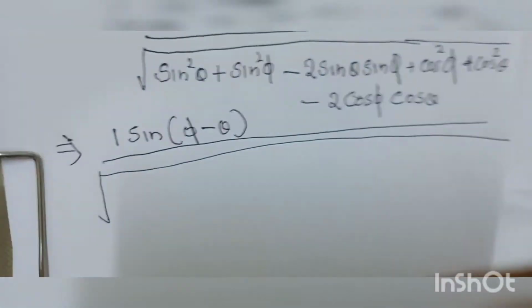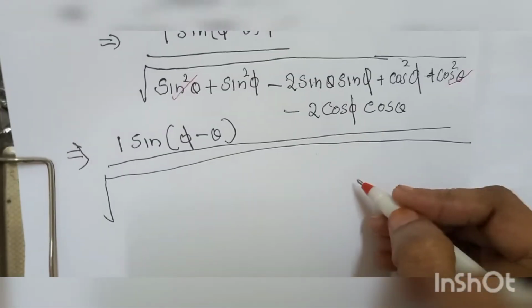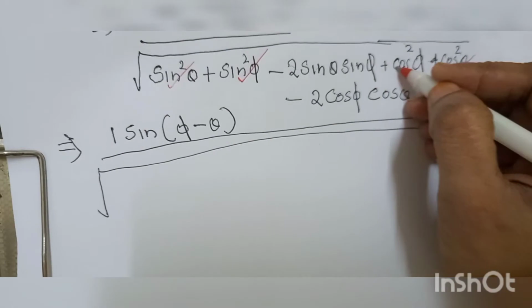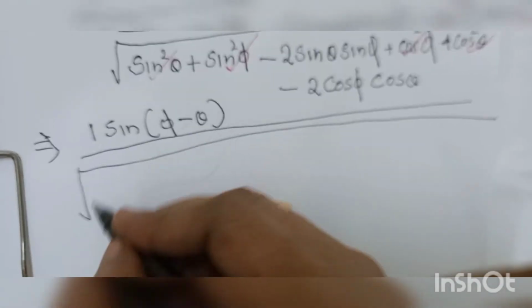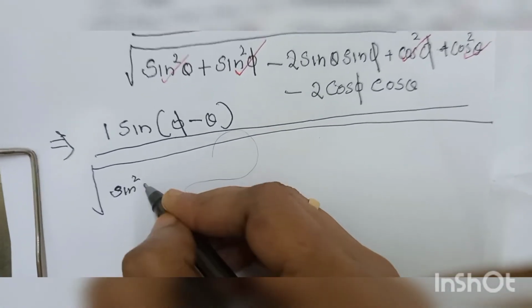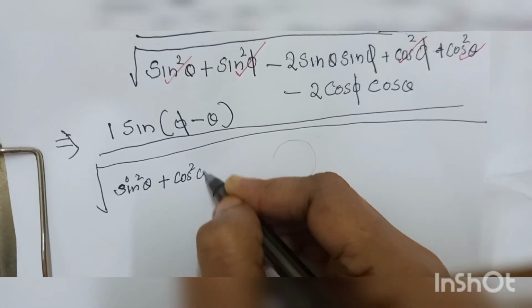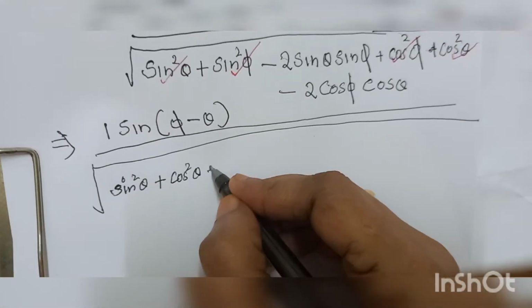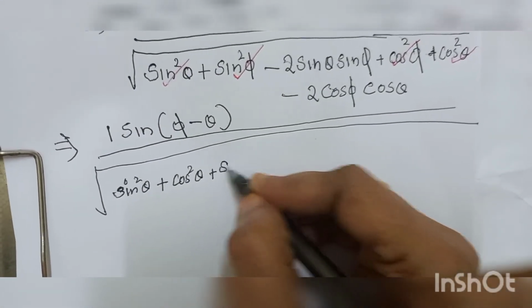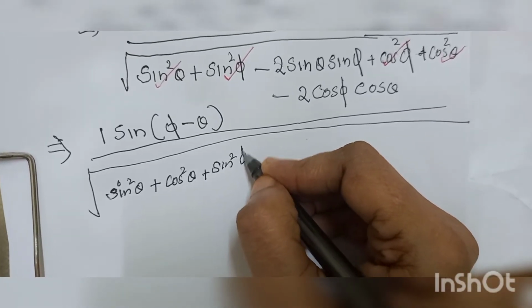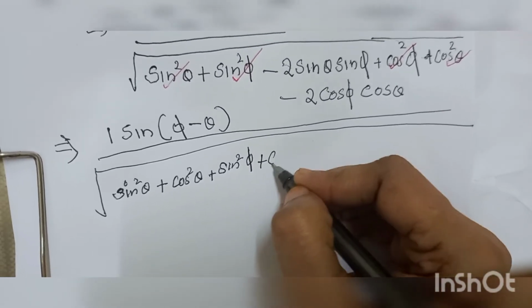okay, sin square theta. We have to compare sin square theta and cos square theta. Sin square phi and cos square phi you have to compare. Okay, let's do. So next, sin square theta plus cos square theta plus sin square phi plus cos square phi.